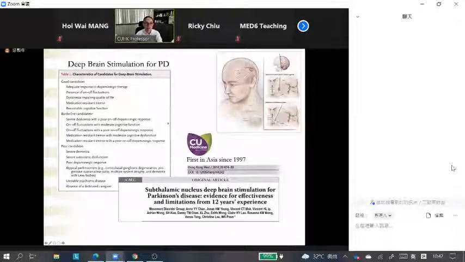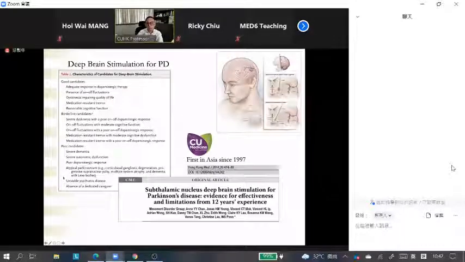So the good candidates are those with this fluctuation, swinging, and severe dyskinesia. But the contraindications are those who are demented, who have severe autonomic dysfunction suggestive of other diseases, MSA, and poor dopaminergic response.